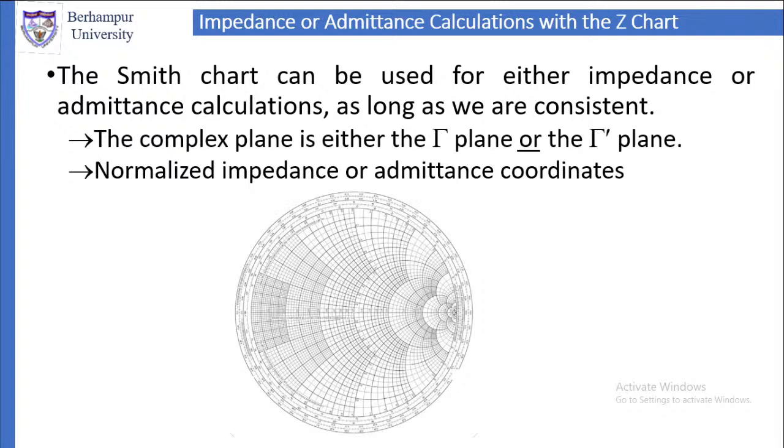And what we are considering on the Smith chart is normalized impedance or normalized admittance. So the coordinates will be normalized impedance coordinates or normalized admittance coordinates, and we have to be consistent with that. If we consider normalized impedance coordinates, then we have to consider the complex gamma plane and calculate the impedance. If we consider normalized admittance coordinates, we have to consider the gamma dash plane and calculate the admittance. We have to be consistent.